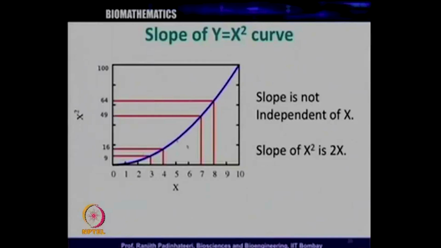The slope here is 15, as we saw, and the slope here is just 7. So, the slope of the y equal to x square curve increases with x.